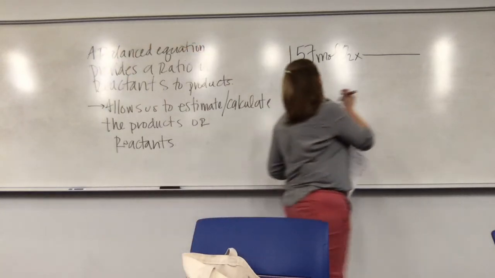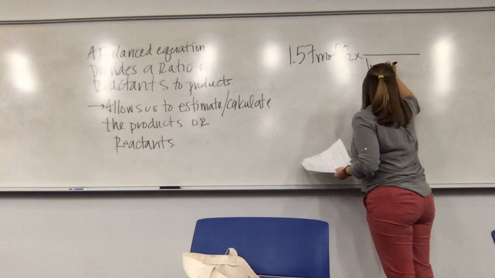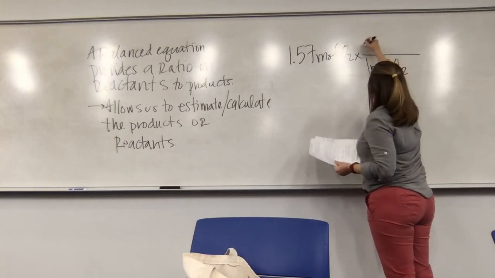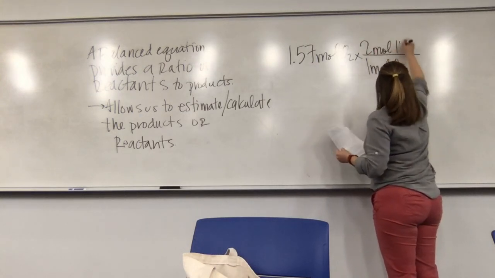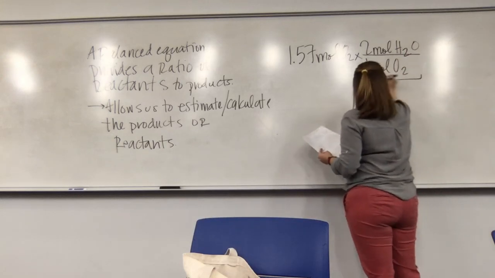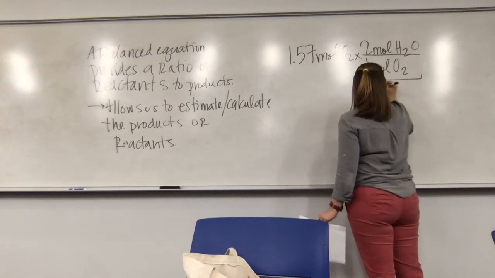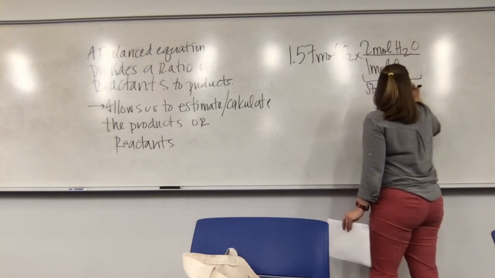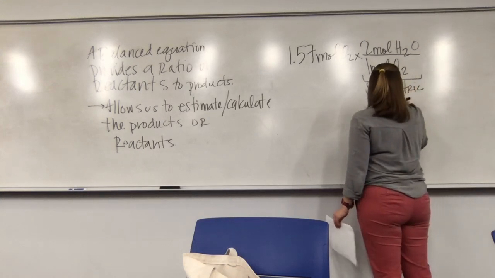So we know that 1 mole of O2 is equal to 2 moles of H2O. This is the stoichiometric ratio.